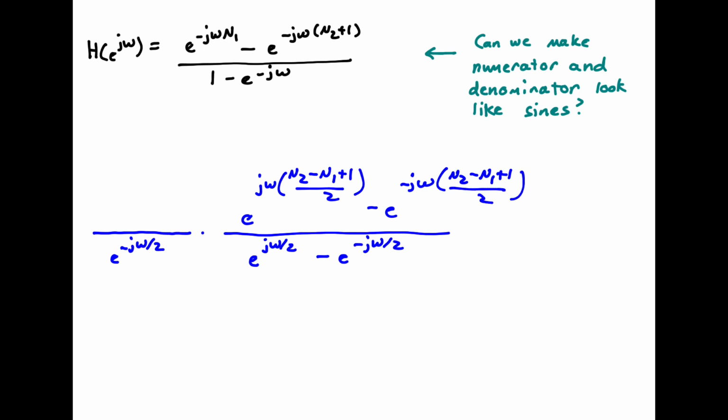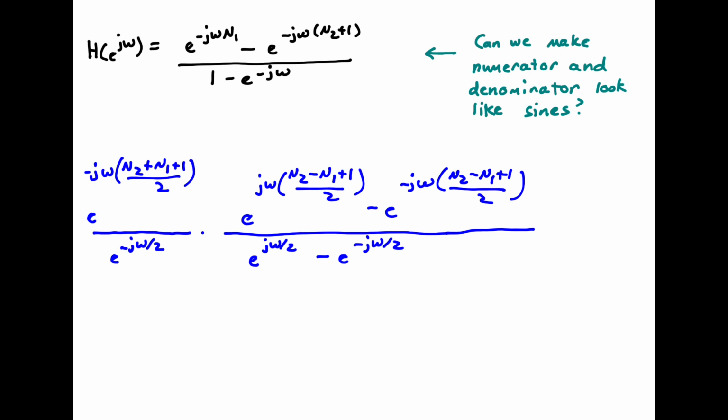And in order to get that out of the top, what I'm going to have is e to the minus j omega (n2 plus n1 plus 1)/2. Okay, so I've obviously worked through this before, so it's easy for me to just pull these terms out.